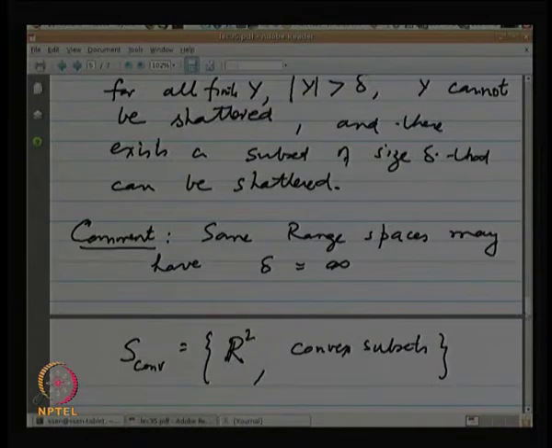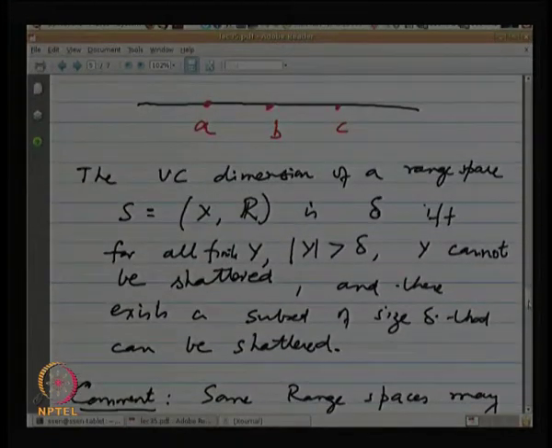And then we had seen some natural examples of range spaces, and in particular we went through the definition of VC dimension, which was defined on the basis of what is called shatter.